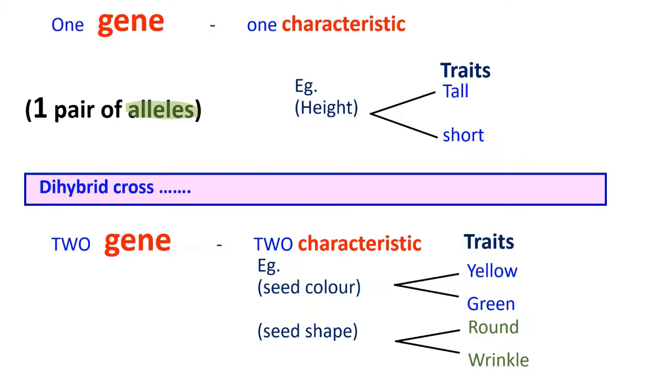These are all traits. So there are two pairs of alleles. One gene exists in two forms, so one pair of alleles: one allele for yellow, one allele for green. The other gene also exists in two forms, so one allele for the round trait and one for the wrinkled trait.